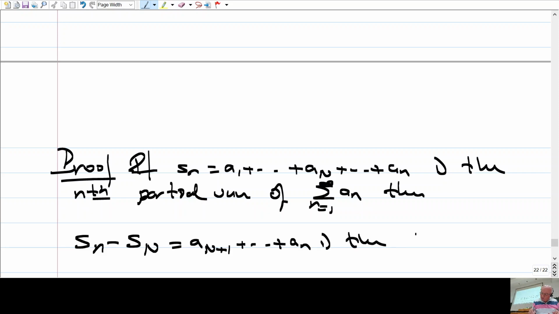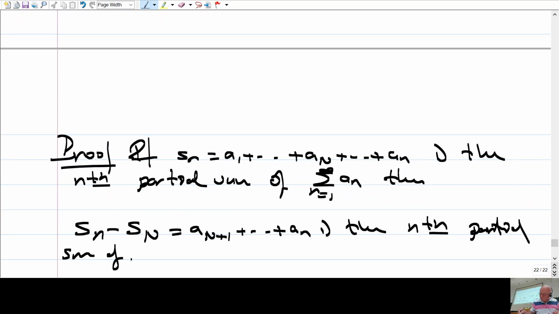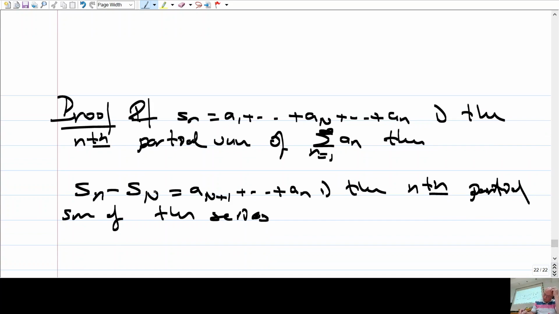Actually, I should have N minus 1 so that this starts from N, of the series N up to infinity of an.